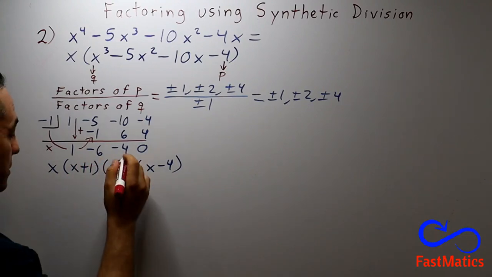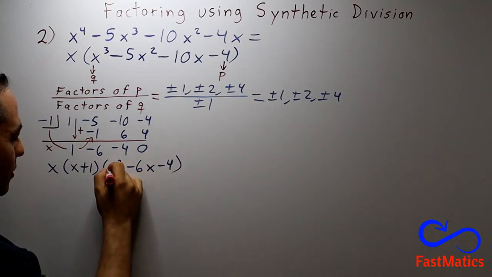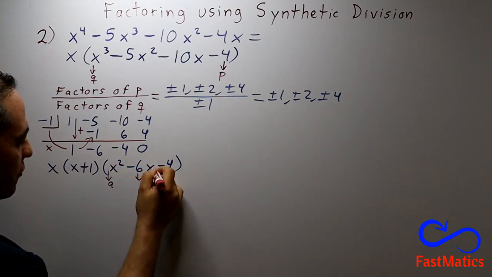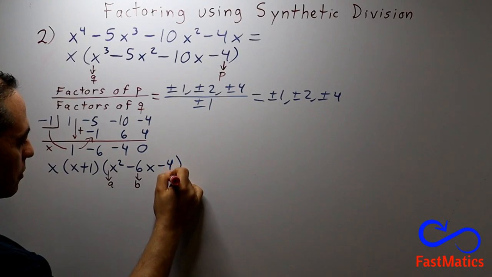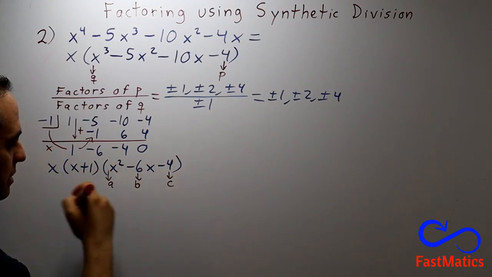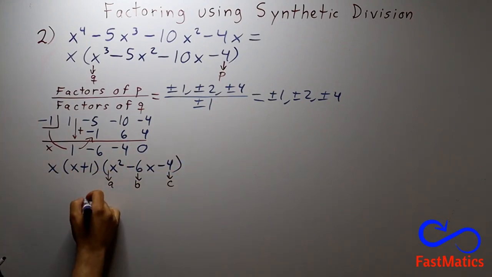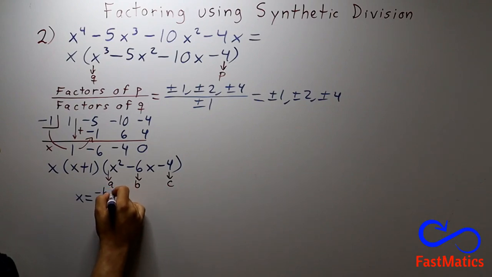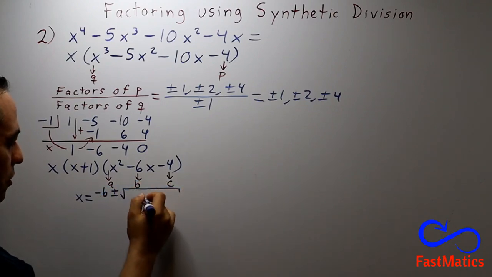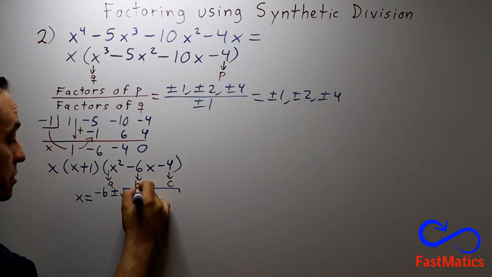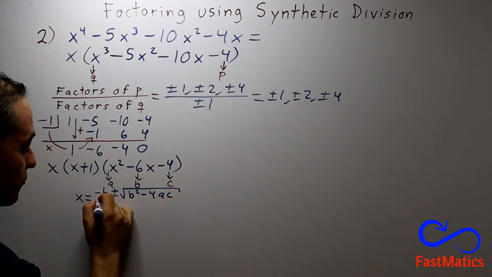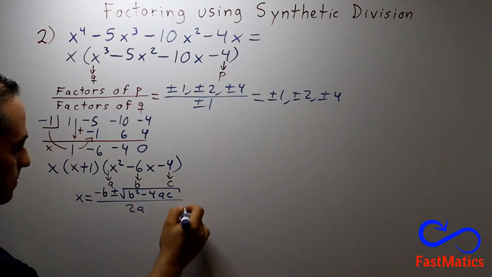And remember, please, for the quadratic formula, the coefficient of x squared is a, the coefficient of x is b, and the number that is alone is c. Then the formula is x is equal to negative b, positive negative, the square root of b squared minus 4ac, and everything divided by 2a.